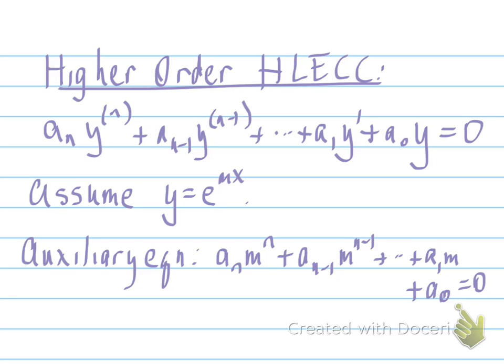We're going to factor out the e to the mx, and what you should convince yourself is that the auxiliary equation you're left with is a sub n times m to the n plus a sub n minus 1 times m to the n minus 1, etc., plus a1 m plus a naught equals 0. So finding solutions of my higher order HLEX is just equivalent to finding roots of this nth degree polynomial.